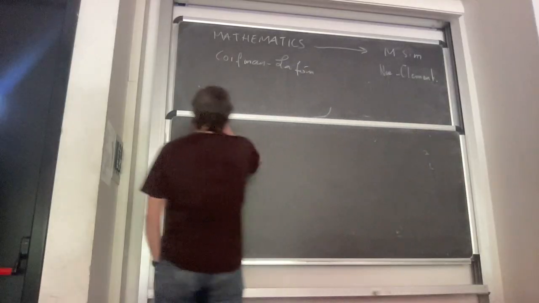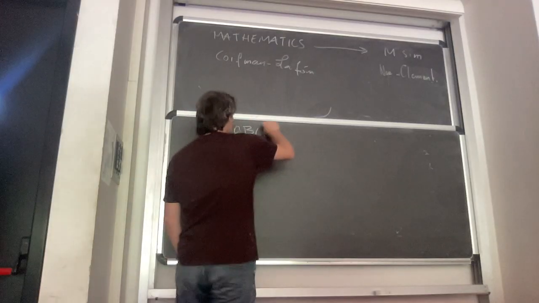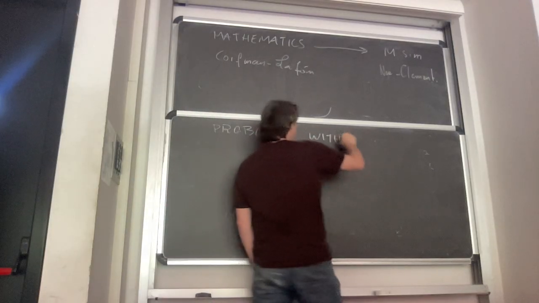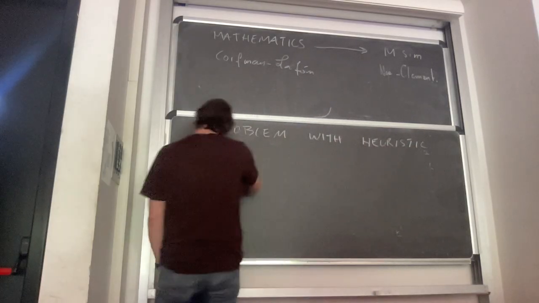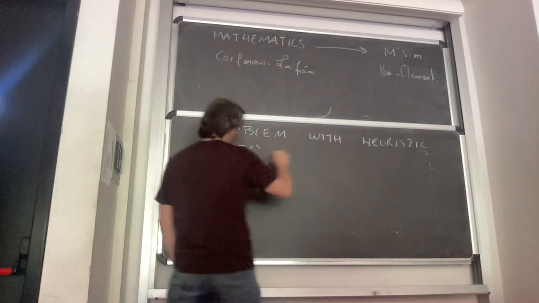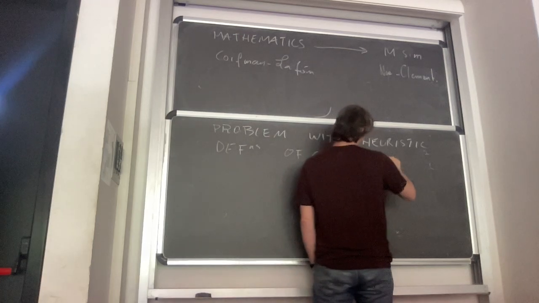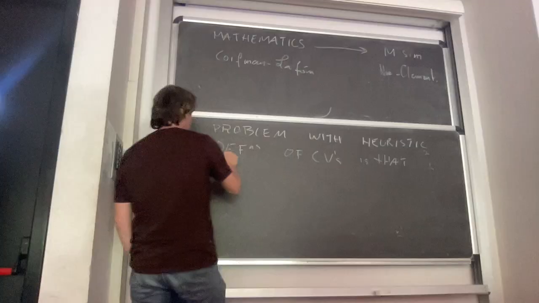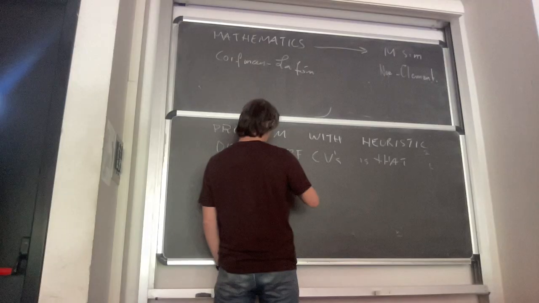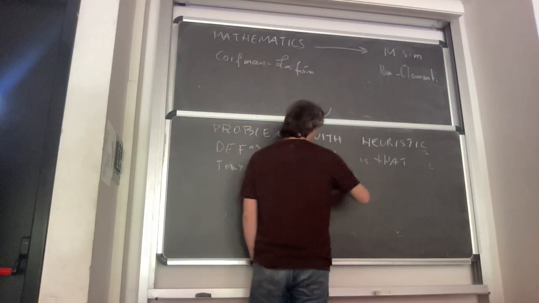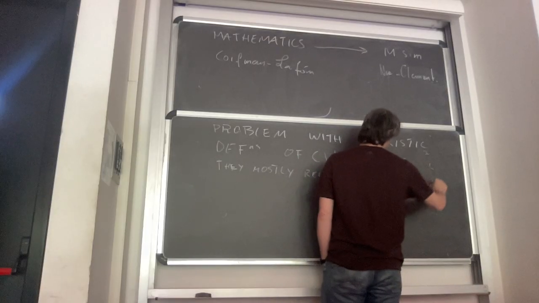The problem with heuristic definitions of collective variables is that they mostly rely on structural proximity.